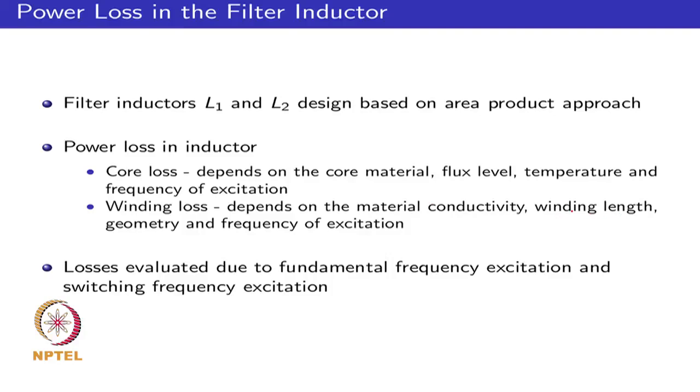The winding length, the geometrical parameters, number of layers, etc., and frequency of excitation. So both these terms, the core and winding loss terms, can be then evaluated at the fundamental frequency excitation and the switching frequency excitation to look at what would be the loss components in L1, L2, and the other parts of the filter, and we will actually do that.